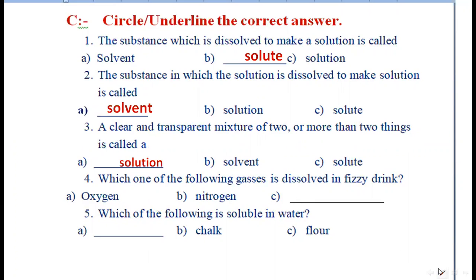Number 4, which of the following gases is dissolved in fizzy drink? Carbon dioxide. So carbon dioxide is dissolved in fizzy drink. Number 5, which of the following is soluble in water? Salt is soluble in water.